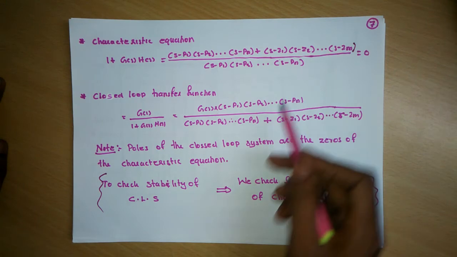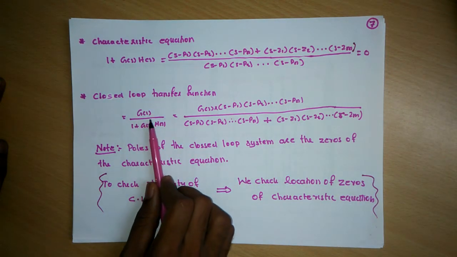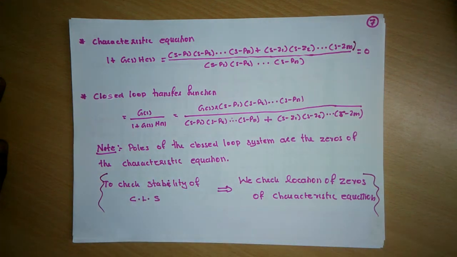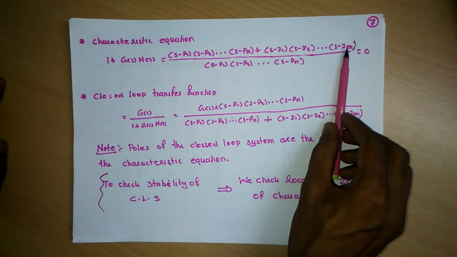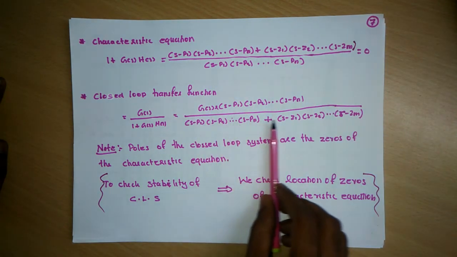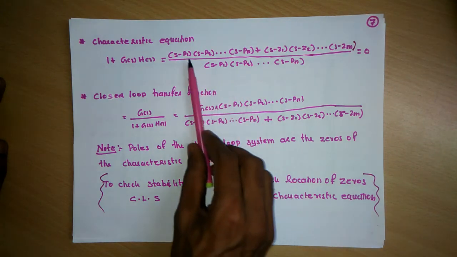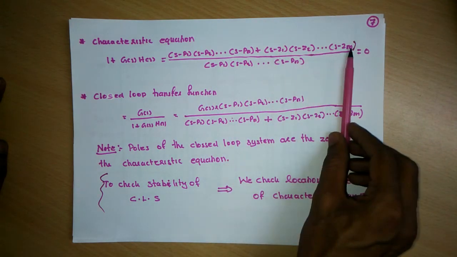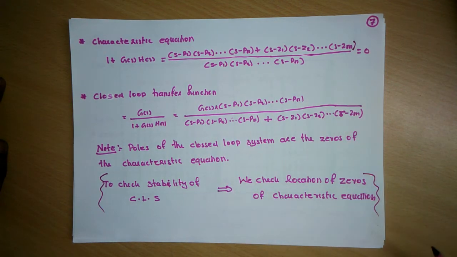If I compare the characteristic equation and the closed loop transfer function, I can conclude that the numerator of the characteristic equation is the same as the denominator of the closed loop transfer function. That means that the zeros of the characteristic equation are the same as the poles of the closed loop transfer function.